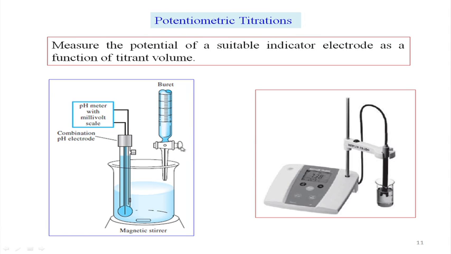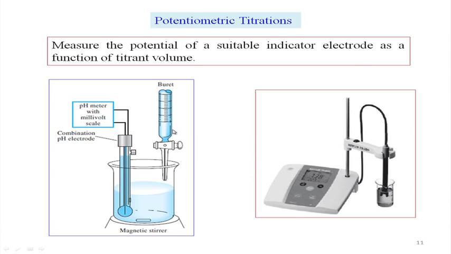Suppose we do a simple experiment, the determination of washing soda, that means sodium carbonate, of unknown concentration in a given solution taken in your beaker. You add the corresponding acid, hydrochloric acid, of known concentration.